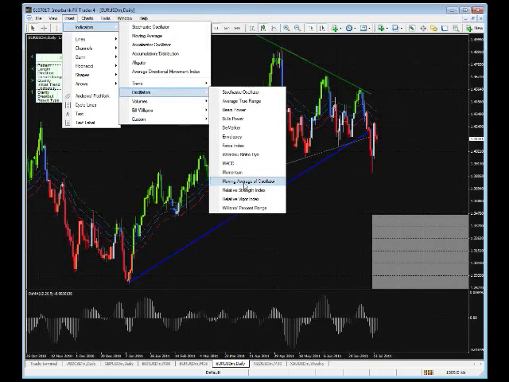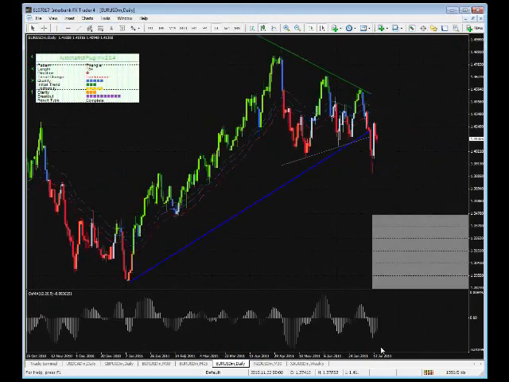You don't have to worry about the actual calculation, but what I want to make sure that you do understand is the way I use it is simply in what I call an on or off method, which is visually, when I look at this indicator, it's either trading above the zero line or below the zero line.